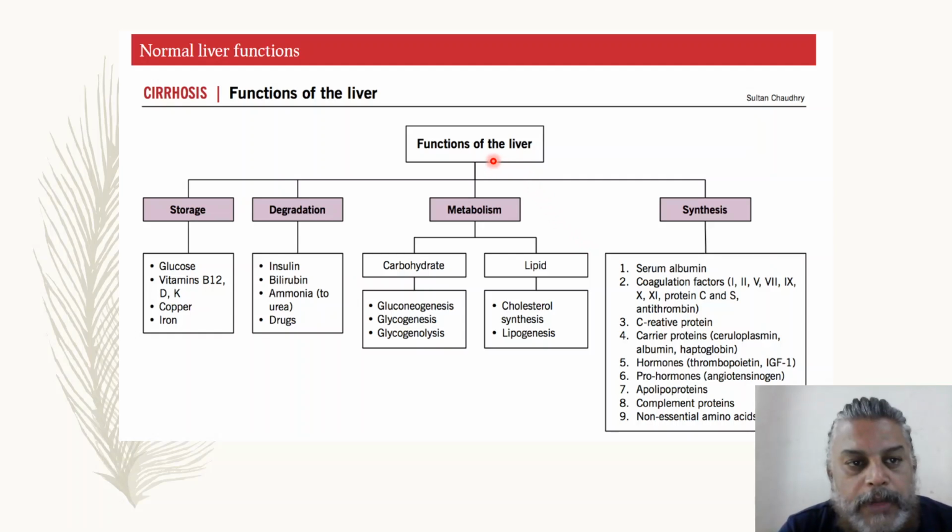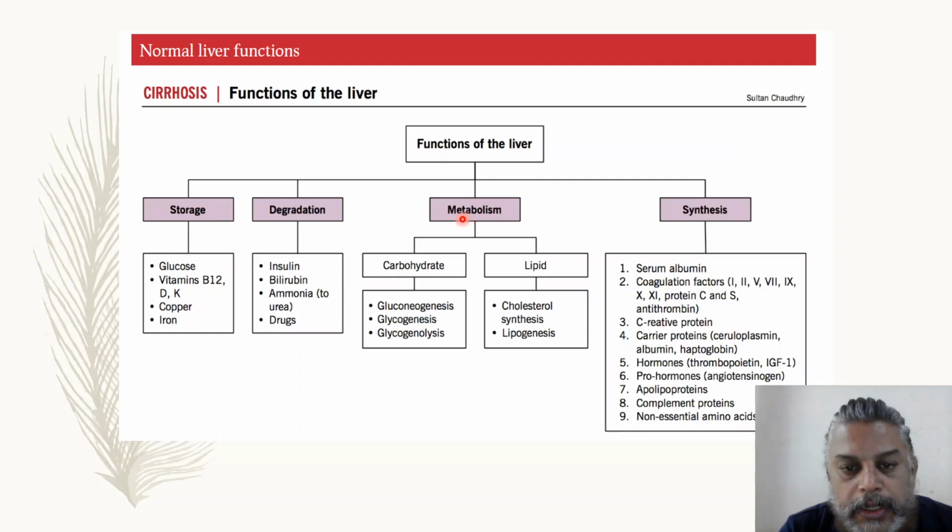If we see the normal liver functions, the function of the liver can be divided broadly into storage, degradation, metabolism and synthetic parts. Storage is mainly for glucose, vitamins, copper, iron. Degradation of insulin, bilirubin, ammonia and a lot of drugs.